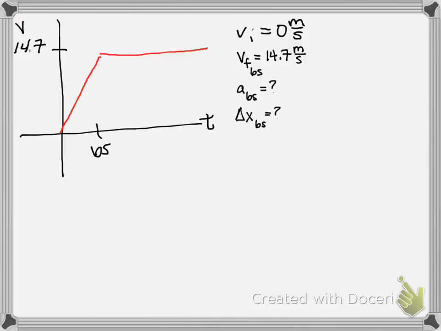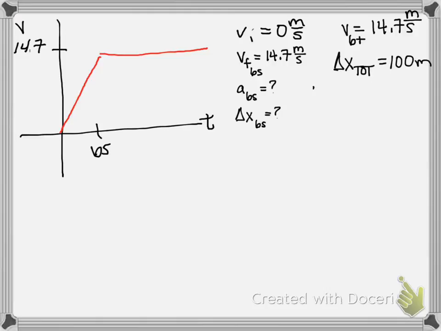Looking forward to the next leg of the race, I know that her velocity is now constant for the second leg of the race, the 6 plus seconds. So that velocity is going to be 14.7, I'm sorry, meters per second. I know that the total distance covered is going to be 100 meters.